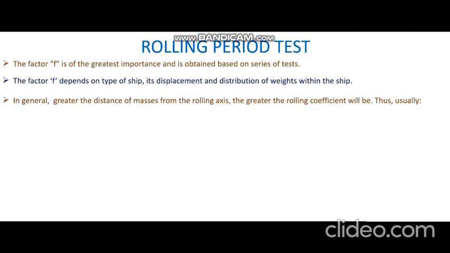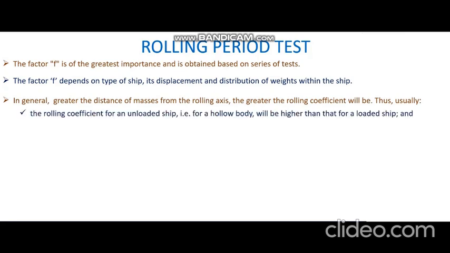And because of that, consider the rolling coefficient of an unloaded ship. Why unloaded ship? Because an unloaded ship will have ballast in the tanks and equipment on deck. The mass distribution is away from the rolling axis. For such ships, the coefficient will tend to be higher, because the radius of gyration will tend to be higher. On the other hand, a loaded ship is loaded in the holds.